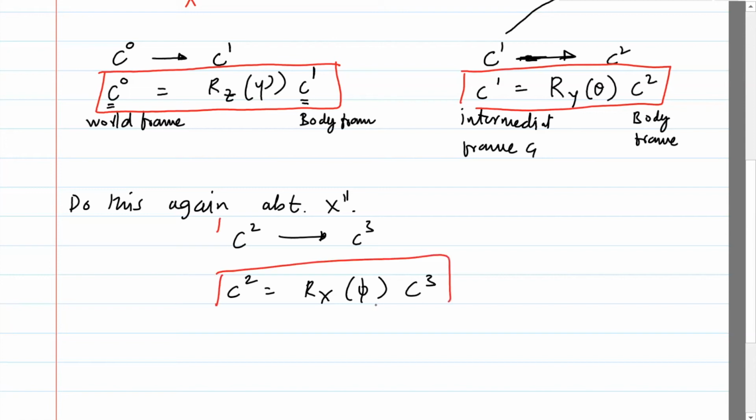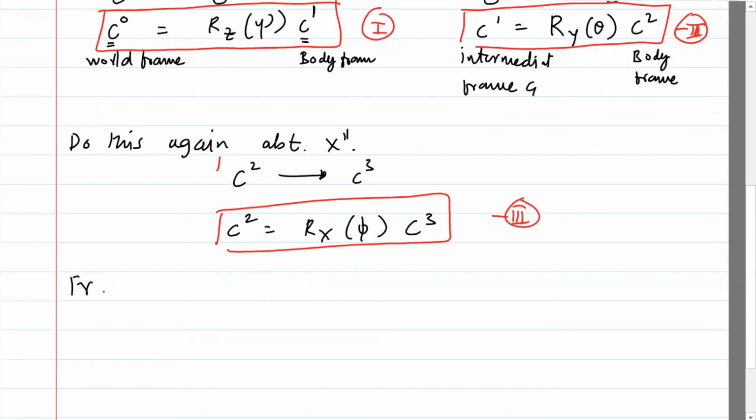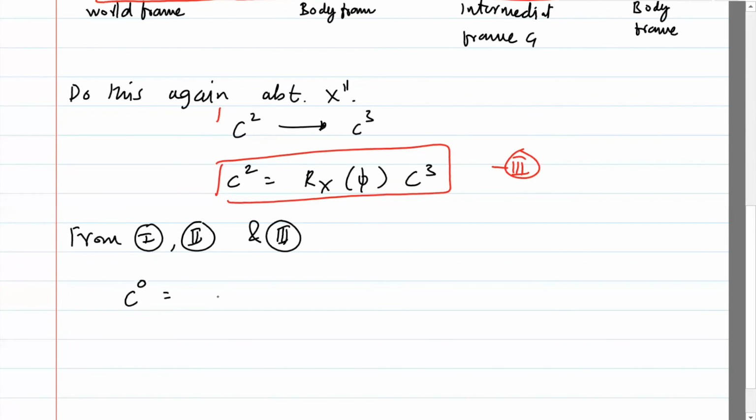Okay, so we have this expression, and this one. So 1, 2, and 3. What we need to do is sub in C1 from here and C2 from here to here, and we'll end up with one expression which relates C0 all the way to C3.